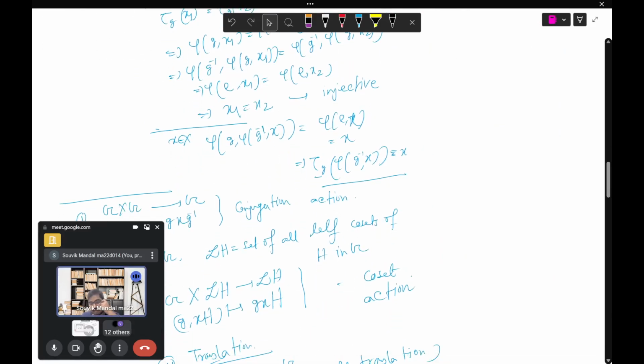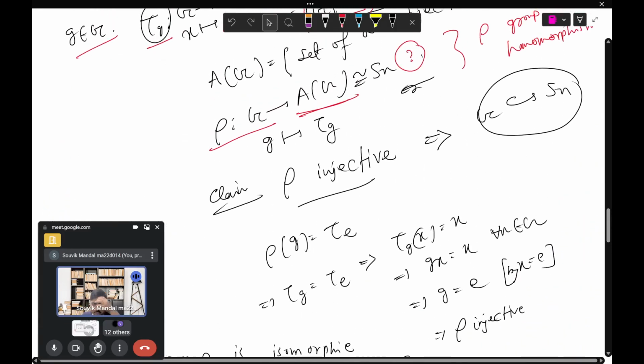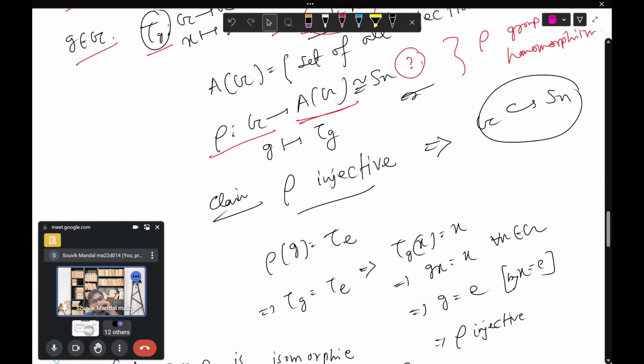Yes. So, first of all, do you know about automorphism? Yes. So you must have heard about inner automorphism, right? So GXG inverse is actually the inner automorphism.